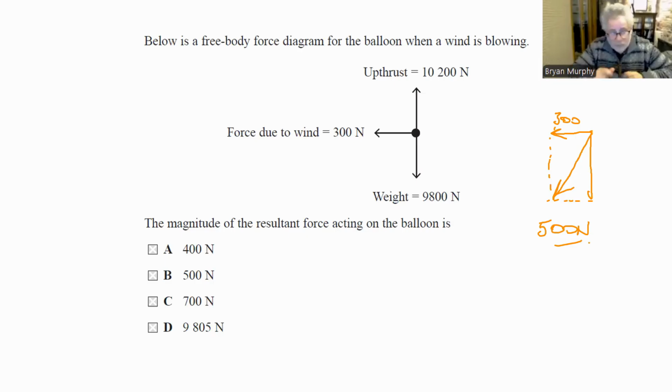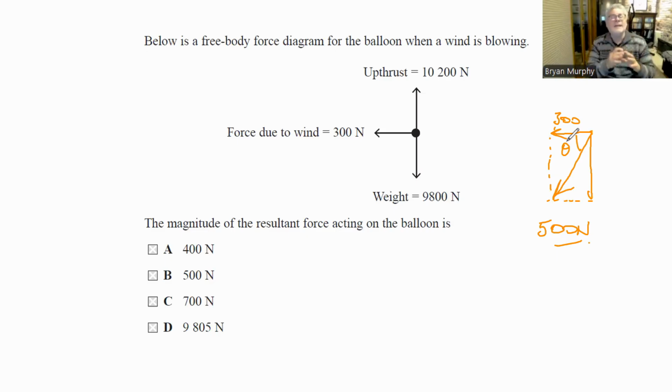Wrong, wrong, wrong. The magnitude of the force acting on the balloon is 500 newtons, but I'm taking this question an extra stage because there is a second thing you have to say about vector quantities. It has magnitude and it has direction. So what we could do is calculate that angle: cos to the minus 1, 0.6, I think.